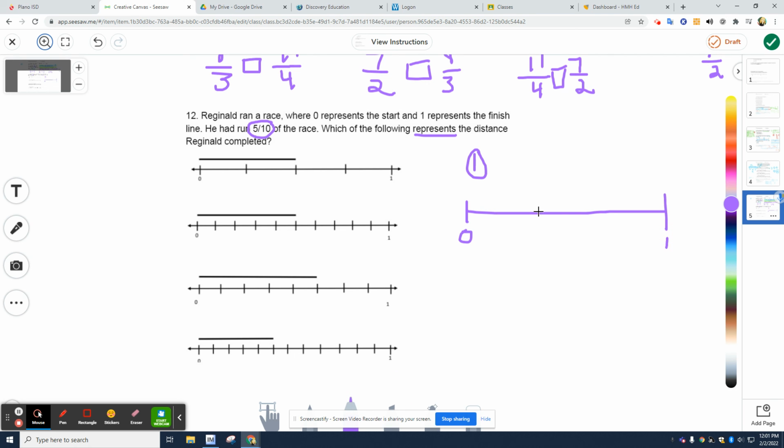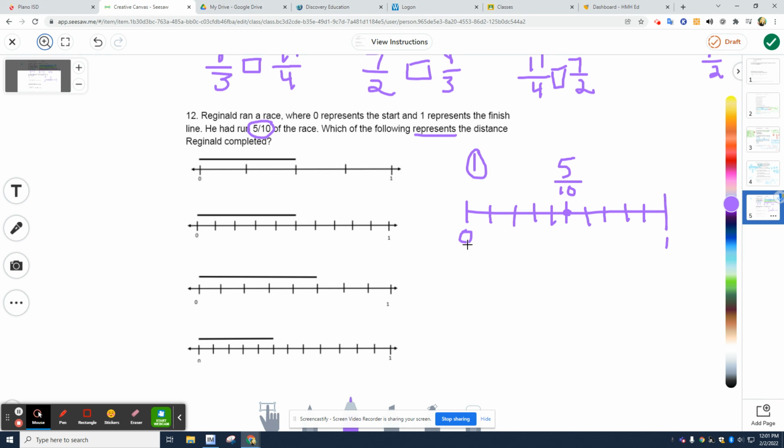So I need to divide my number line into tenths. 1, 2, 3, 4. 1, 2, 3, 4. So I would label this 5/10 in the middle here, and I would put a dot.